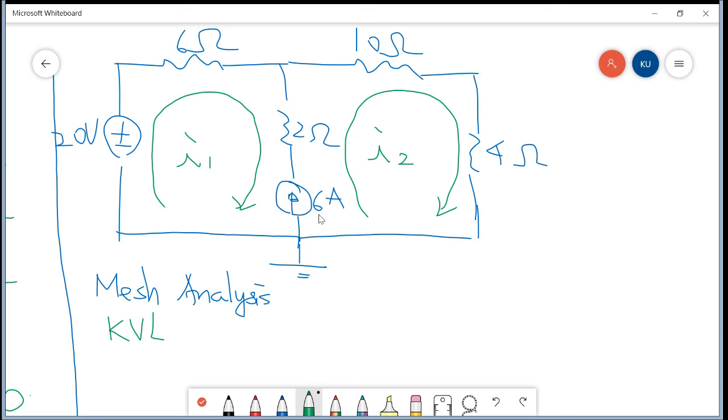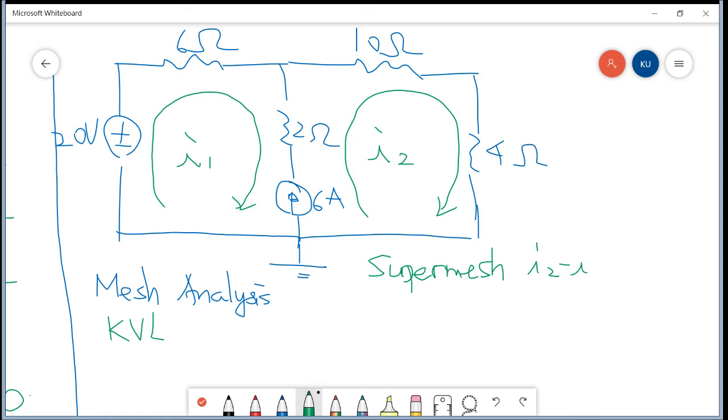So actually, what we could know is that I2... In this case, we have the super mesh, which means that I1 and I2 already have some relationship.